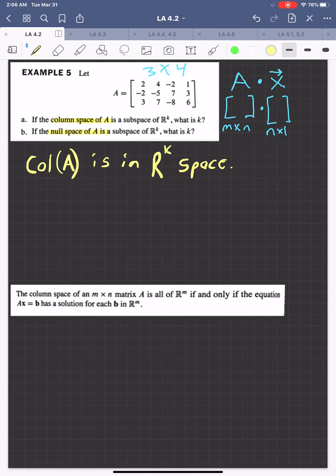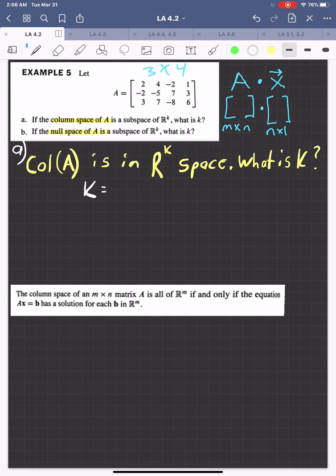But the question is, what is K? What space are we in for the column space of A? And then we'll answer the same question, but now dealing with the null space. So let's start with part A. What is K?